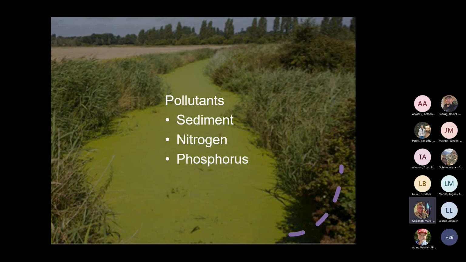Wow, look at this. This is a problem, and what's causing this is not a single cause. There's not a single cause causing this kind of water pollution, but actually a number of causes.